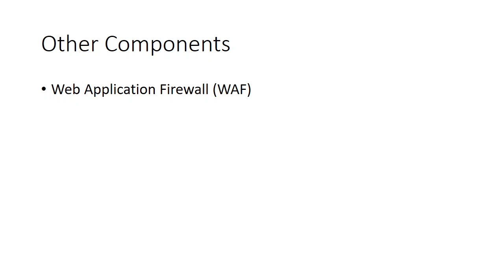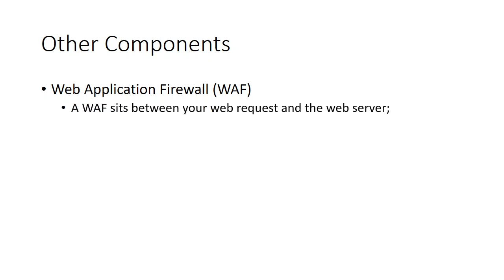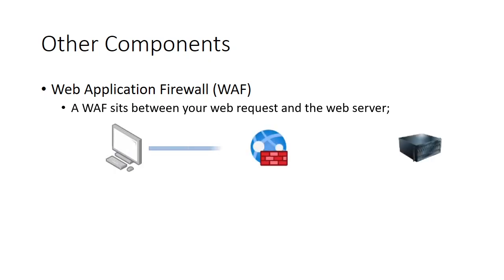Another component that we can find all over the web is a WAF, or Web Application Firewall. This WAF sits between your web request and the web server. When you want to send a request to a web server, your request goes first through the Web Application Firewall, and then it goes to the web server.